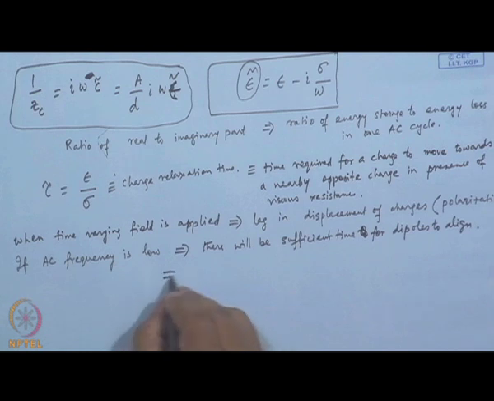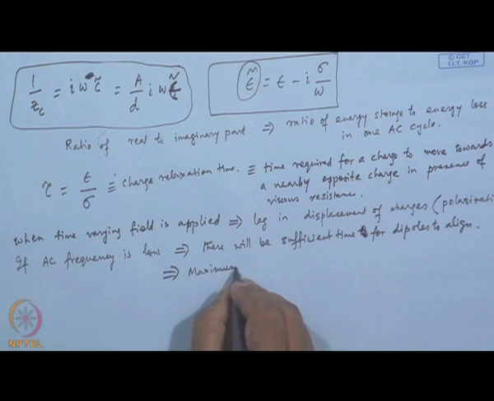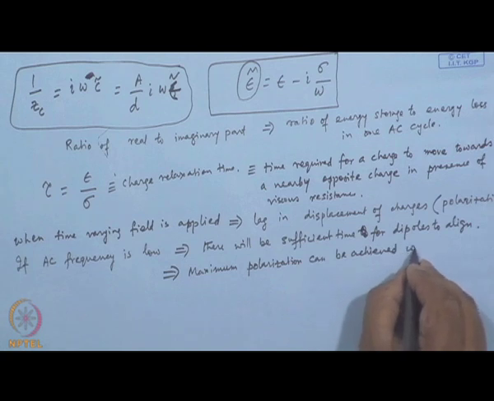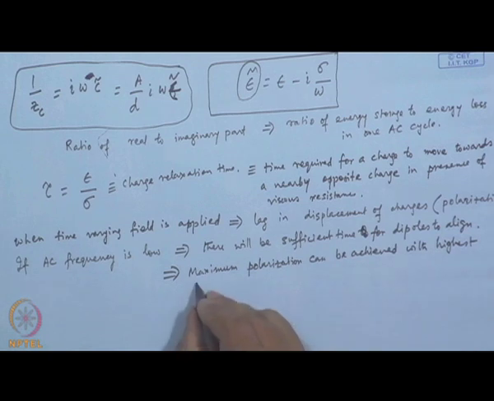So this implies maximum polarization can be achieved with the highest permittivity.